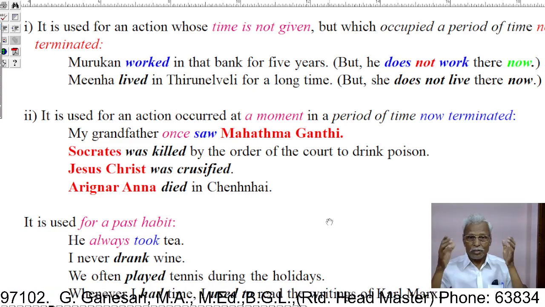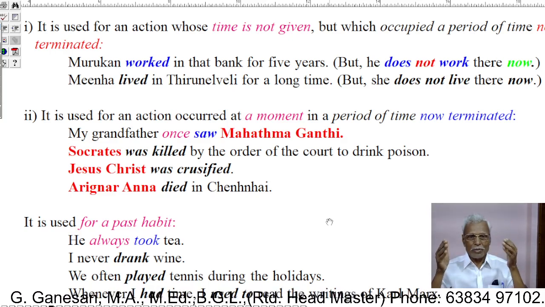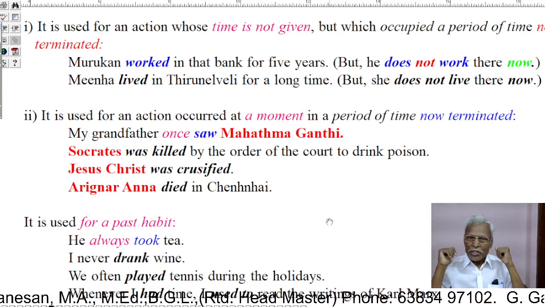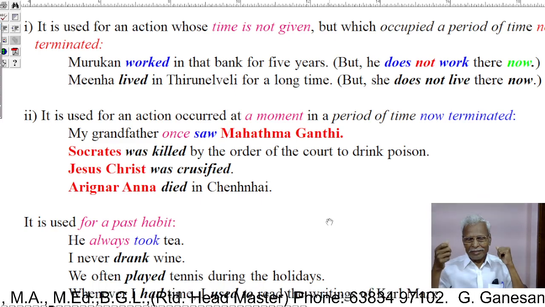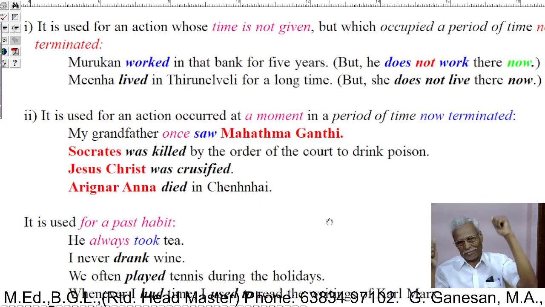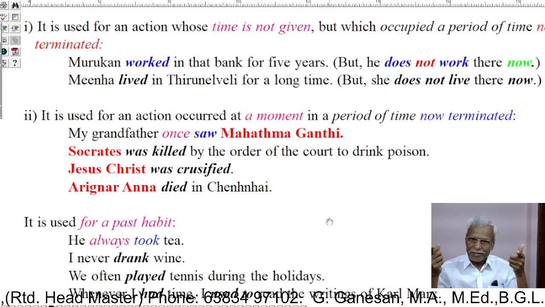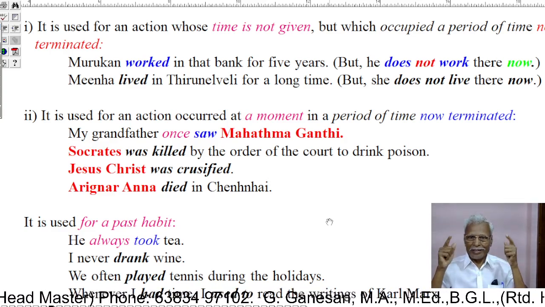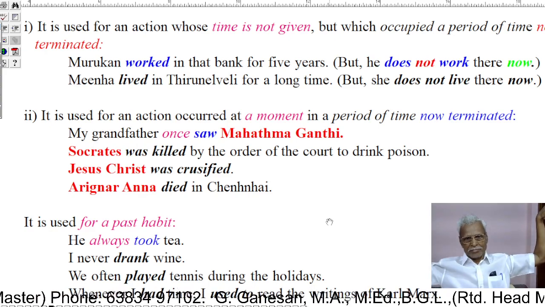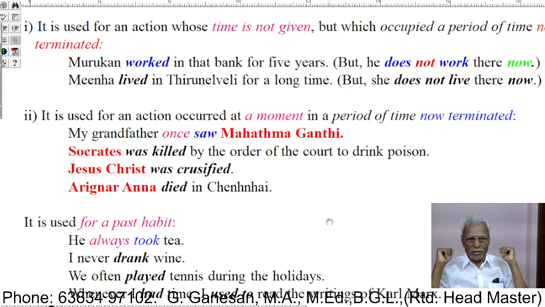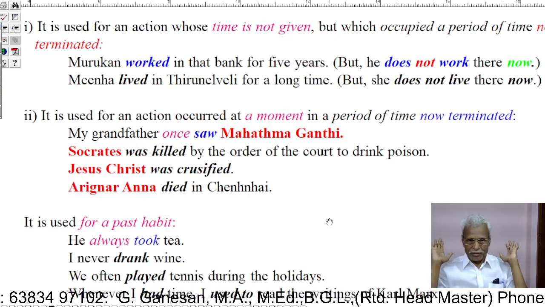So he fought for the rights of the common mass. That is why the hands of power wanted to finish him, and they killed him by crucifying. Jesus Christ was crucified.